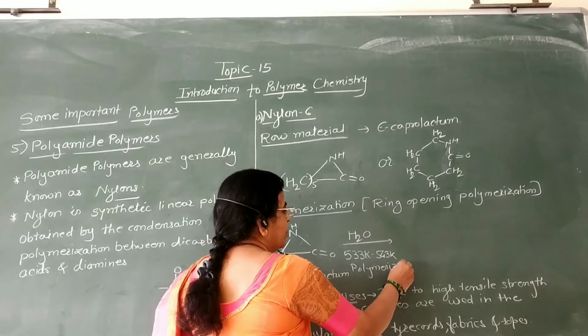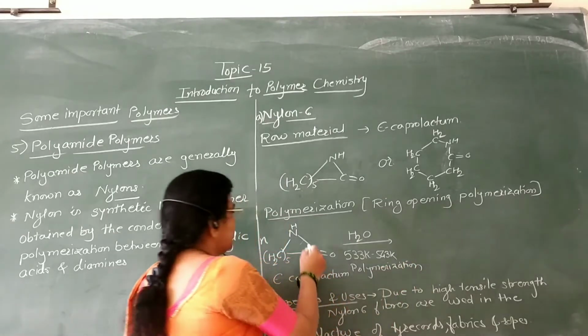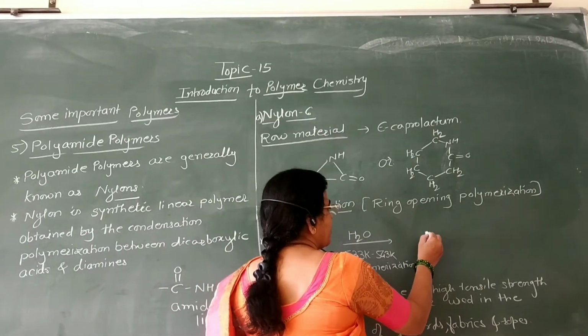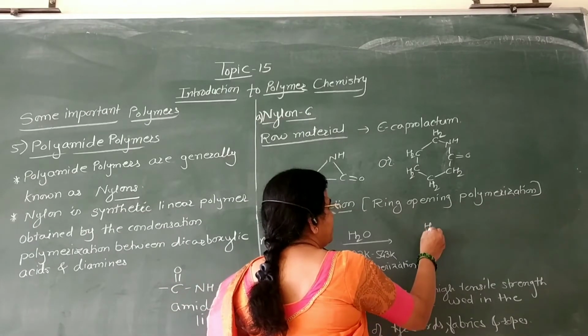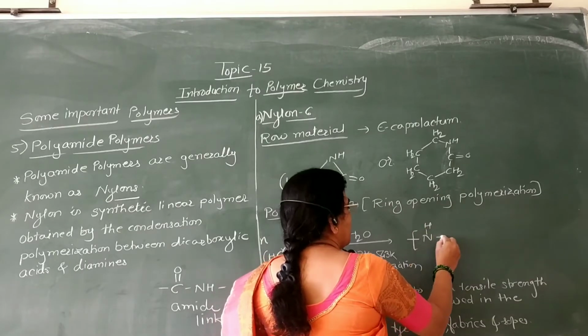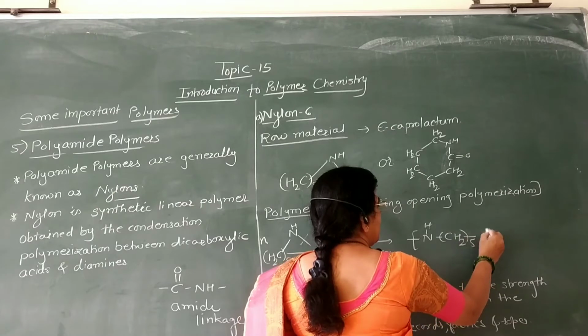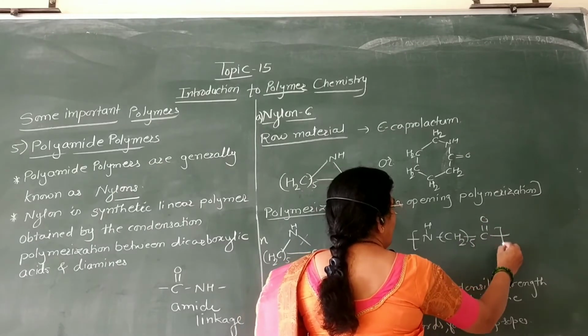To give nylon 6, breaking of this bond takes place, and then we get (NH-(CH2)5-C=O)n.